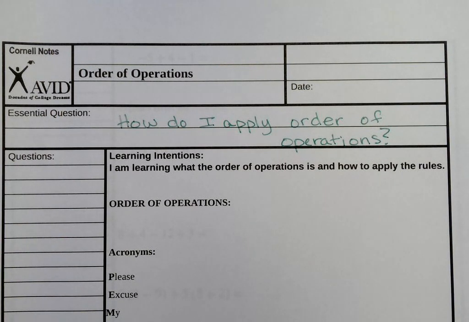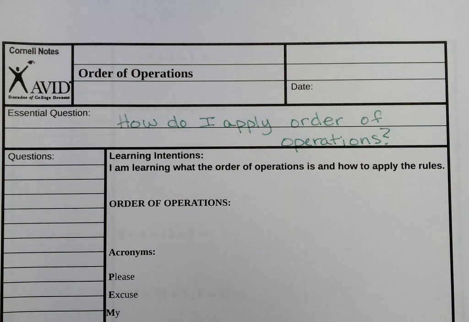So the first thing we're going to look at is what is order of operations? Think back to when you first heard of it. When you think order of operations, what do you think? If you said PEMDAS, you would be right.